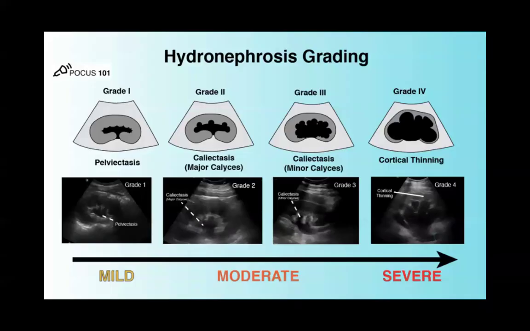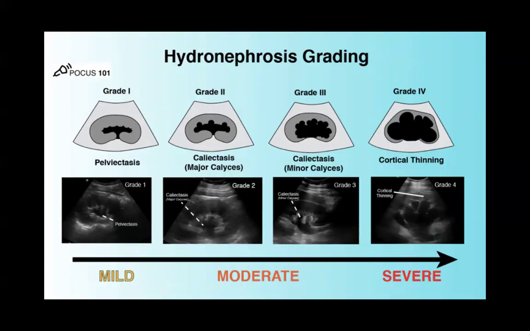Now, if you get good at grading hydronephrosis, then you can grade it into mild, moderate, or severe. But I find that for the beginner, what's really important is seeing the difference between moderate and severe versus normal.